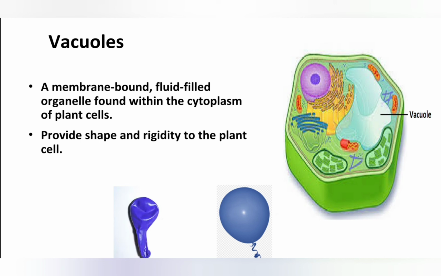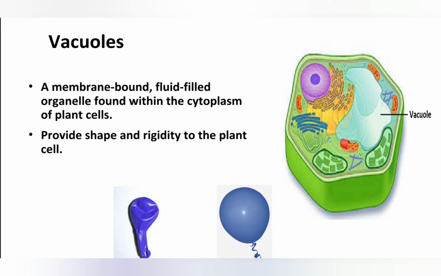In the same way, inside the plant cell you have a vacuole which is filled up with water. Because of the presence of this watery organelle, a large vacuole, there is a particular shape inside the plant cell. So vacuoles provide shape, and when they give a proper shape, they also provide rigidity to the plant. Rigidity you can understand.